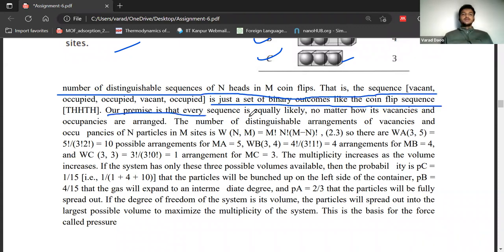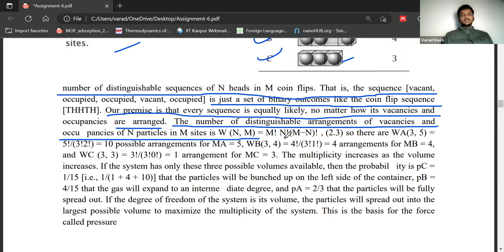Our premise is that every sequence is equally likely, no matter how its vacancies and occupancies are arranged. The number of distinguishable arrangements of vacancies and occupancies of n particles in M sites is M factorial divided by n factorial times (M minus n) factorial.